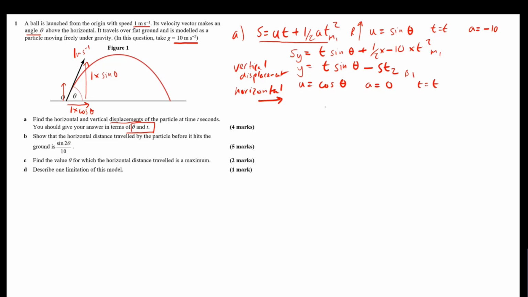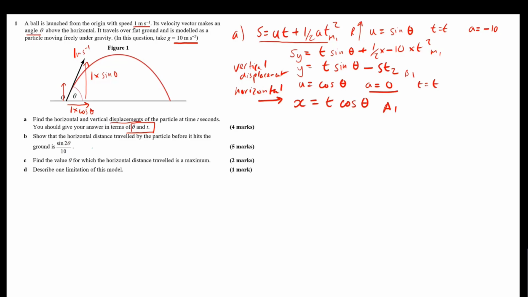So we substitute that in, and all we get is, I'm going to call this x for horizontal, so x must equal u times t. So I'm going to write the t in front, so that's just t cos theta. We know a equals 0, so 0 times everything is 0, and essentially that is it, and that's another answer mark. So it's doable to get 4 out of 4 there. I think you could all get 4 out of 4.